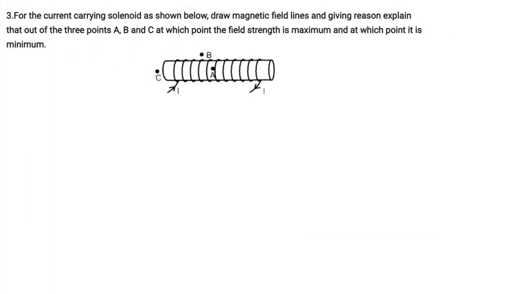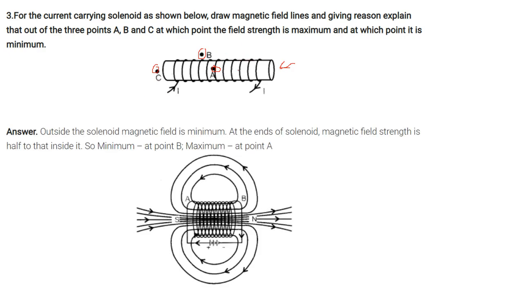For the current carrying solenoid seen here, draw the magnetic field lines and, giving reasons, explain at which of the three points A, B and C the field strength is maximum and at which it is minimum. If you see here, outside the solenoid the magnetic field is minimum. At the ends of the solenoid, the magnetic field strength is half of that inside.